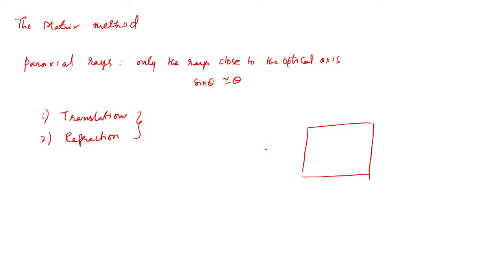Now, if you know the coordinates of the point from which light is going, you can write this as x, y. And I can represent this optical system based on whatever is in it: how many lenses there are, how many mirrors there are, and so on.